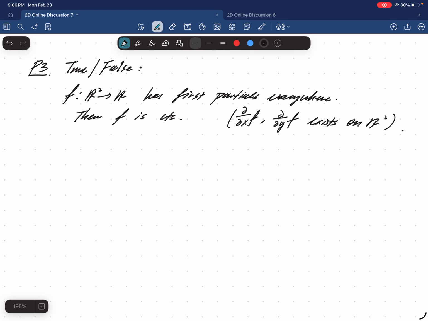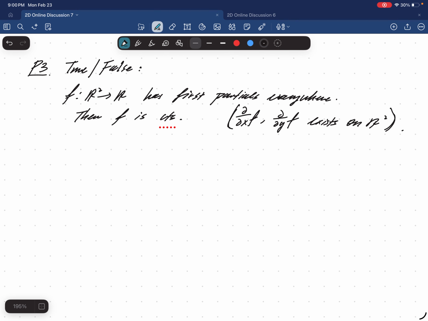This is a much stronger condition, and if you recall from 2a or 2b, if I have a function from R to R and that's differentiable, it must mean that the function is continuous. So this statement is definitely true for functions from R to R. But is it true for multivariable functions from R2 to R?